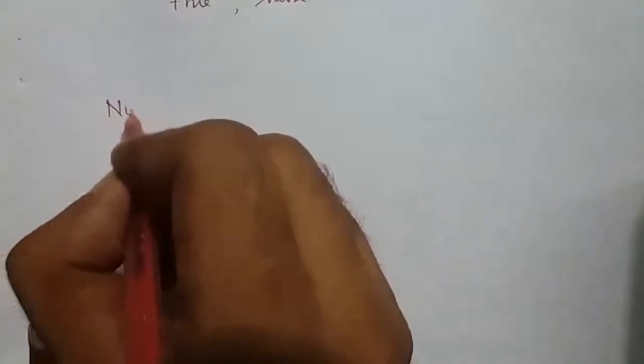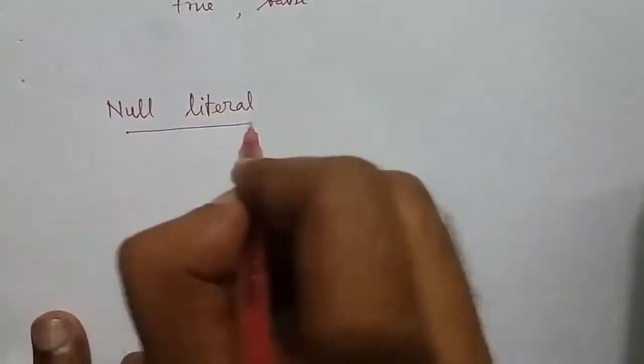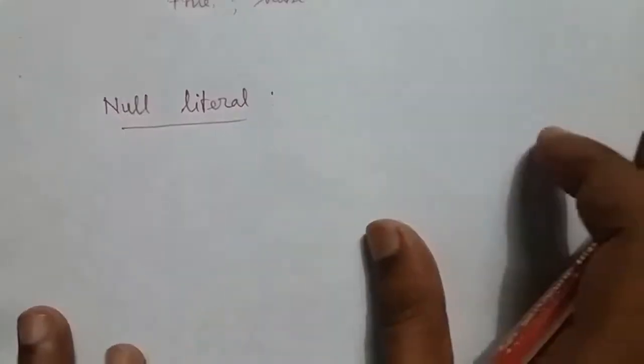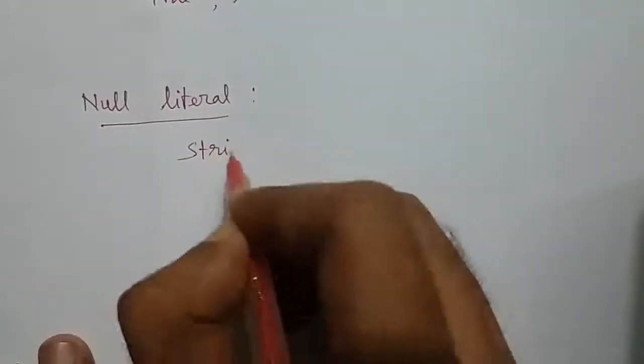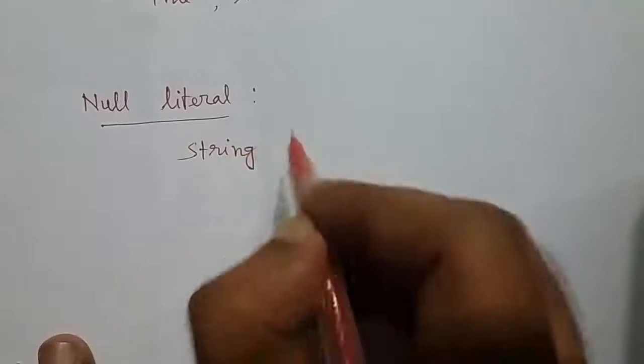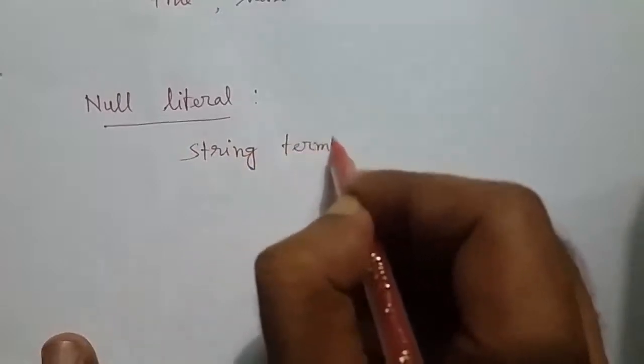Next one is null literal. Null literal is a special purpose literal, like Boolean literal, used in Java programs as a string terminator.